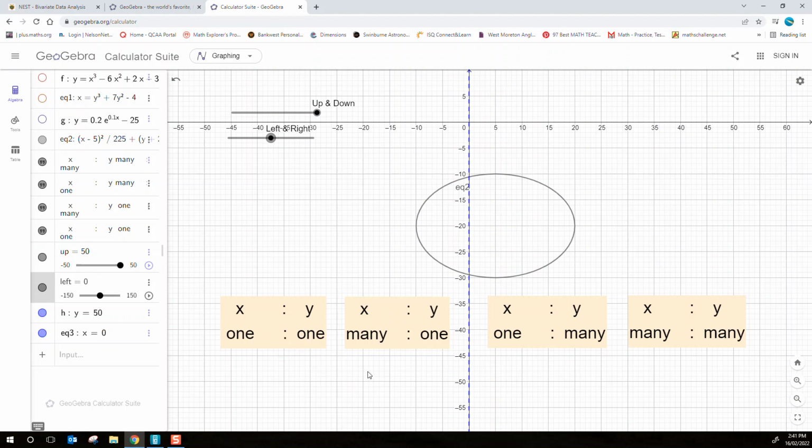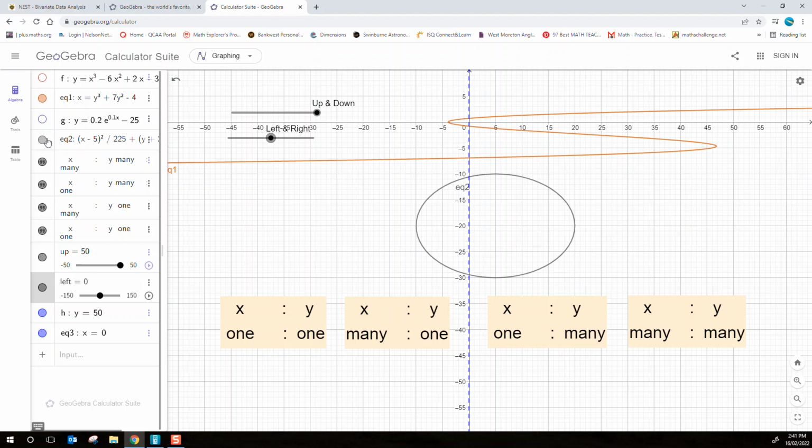We can tell something is a function with the vertical line test. The vertical line cuts this one many times. So remember, if it's many on the y's, it's not a function. If we had that one, the vertical line cut many times, not a function.